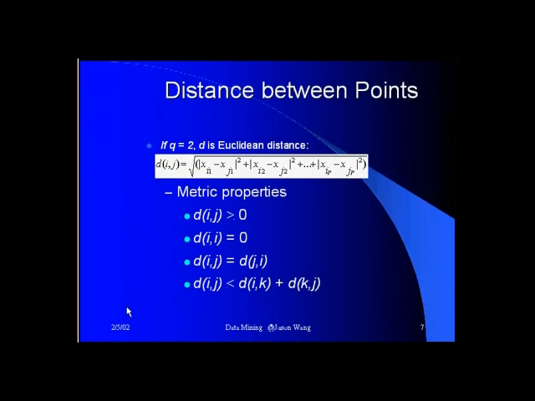In other words, dik should be greater than or equal to dij minus dkj. That is a very powerful tool to prune objects from consideration during the retrieval phase. I'm so close to you, and if I know you're farther away from him, I can infer that I'm also farther away from him.